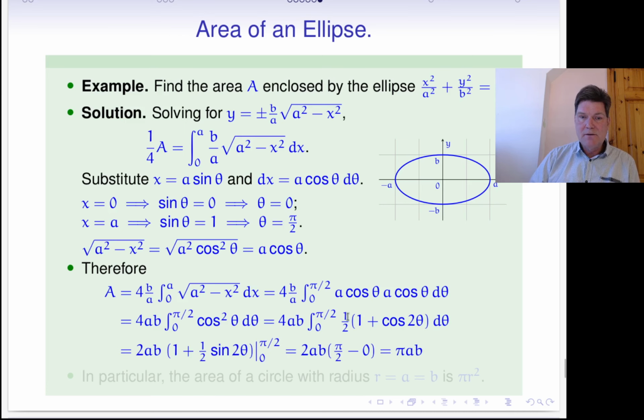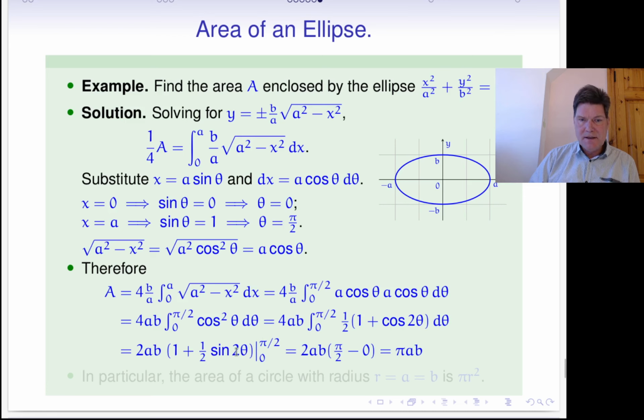And an antiderivative here is, okay, we cancel the half against the factor 2 in the 4, so this is 2ab times the expression theta plus half of sine 2 theta evaluated between pi over 2 and 0.